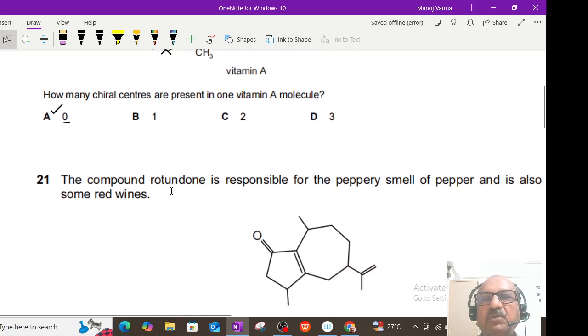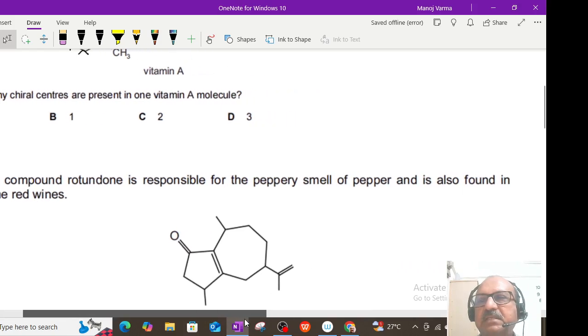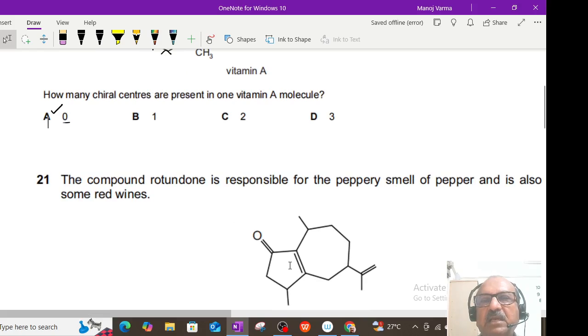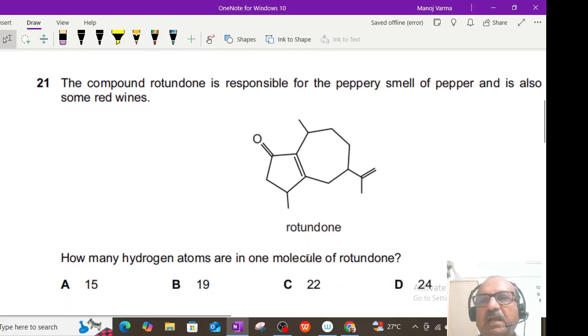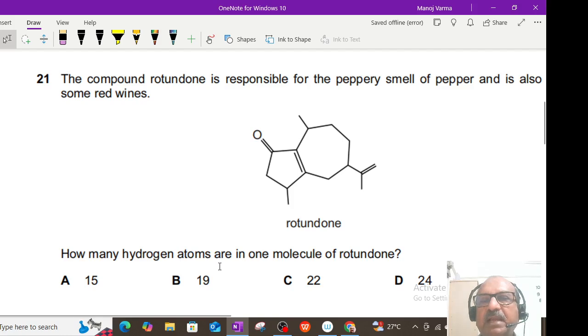The compound rotundone is responsible for the peppery smell of pepper and is also found in some red wines, and this is the structure of rotundone, and you have to find out how many hydrogen atoms are there in this molecule.